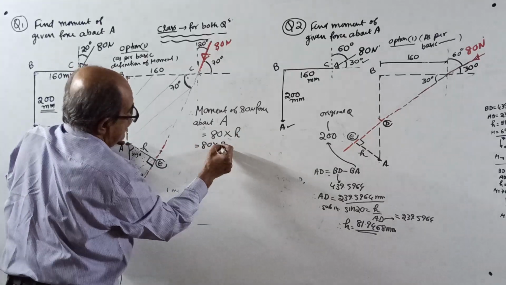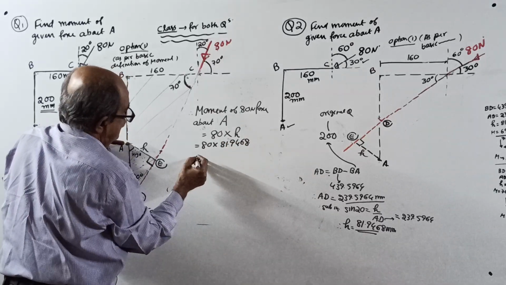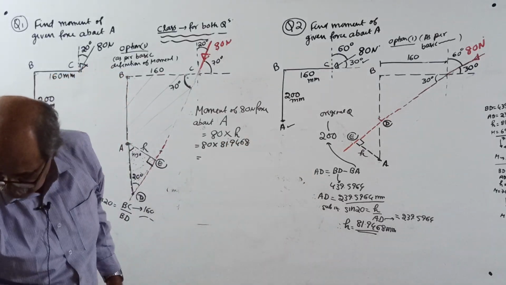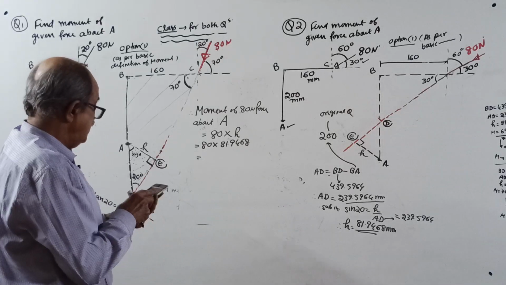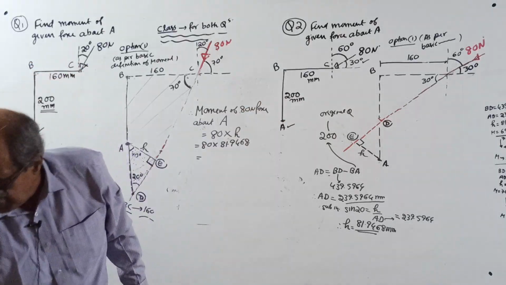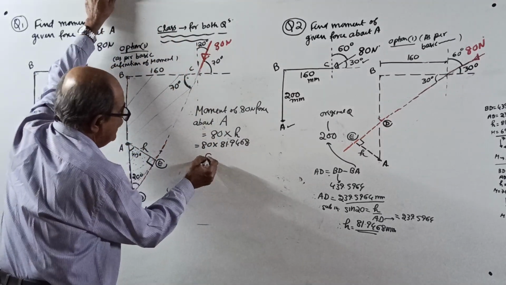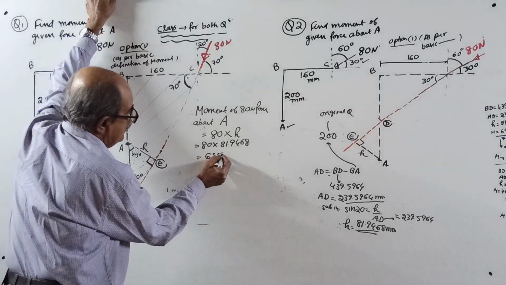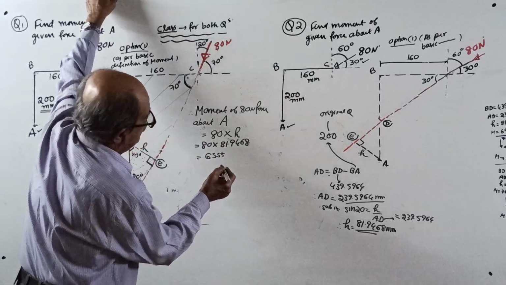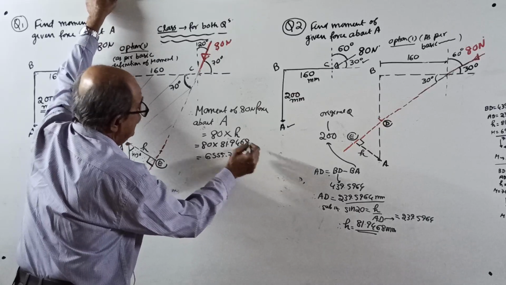80 into 81.9468 equal to 80 into, I already calculated that, why waste time? 6555.744.